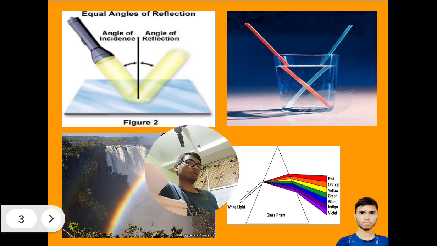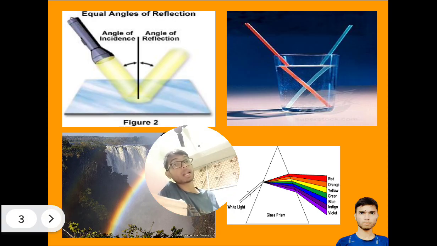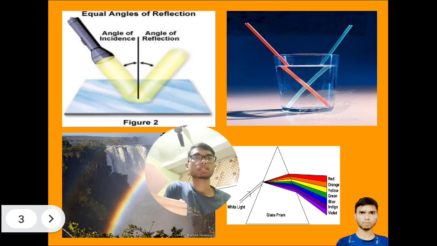Easily you are able to see the shadow of two pipes, not the shadow of the glass. Why? What's the difference between them? The difference is very simple. Pipes are opaque objects.